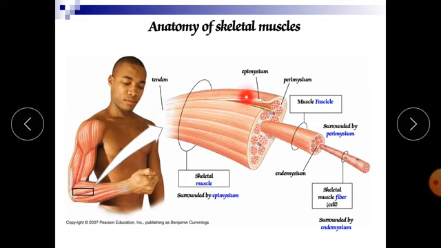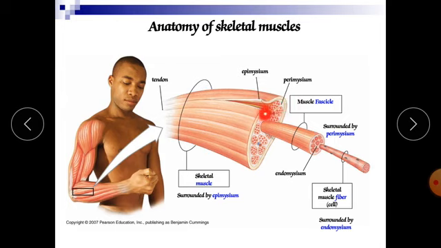Now this is the covering of the muscle. It is called the epimysium. It is the outermost layer of dense irregular connective tissue, and it encircles the entire muscle. Just below the epimysium is the perimysium.